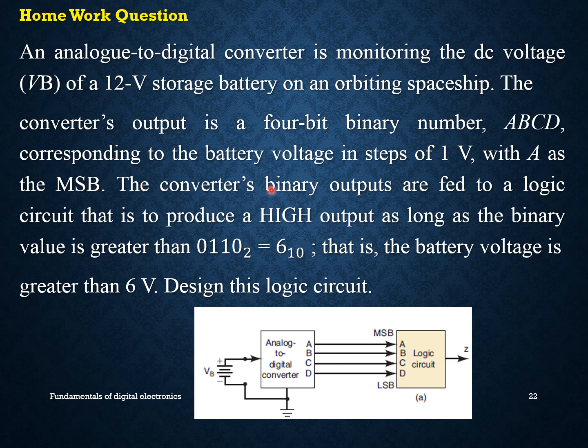The converter's binary outputs are fed to a logic circuit that is to produce a high output as long as the binary value is greater than 6. That is, the battery voltage is greater than 6 volts. Design the logic circuit.